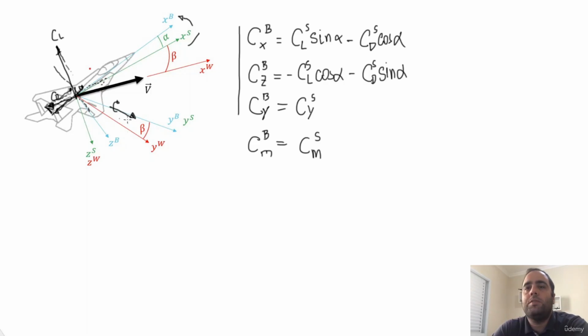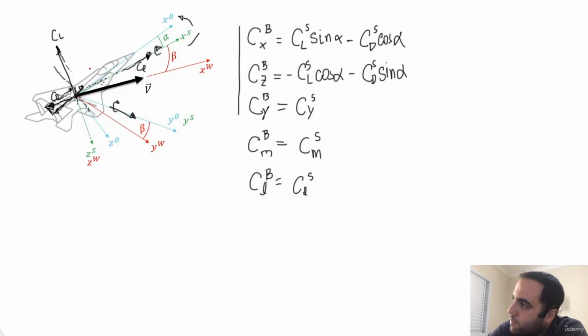For the rolling moment coefficient, which is a moment around the x stability axis here, so this is the CL vector here. So we have to do the same calculations that we do here. So it's going to be the CL body. We have CL here, and we have the Cn here.